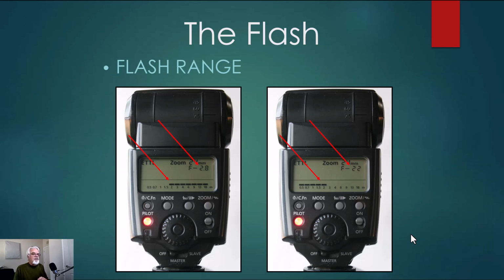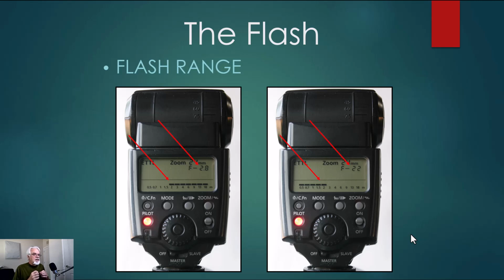Now we'll talk about flash range. When the flash light leaves the flash, it has a certain amount of distance that it can go. So if you look at these pictures from the Canon flash, on the left side, it's set to E-TTL. I got f2.8 as my aperture that's been chosen.